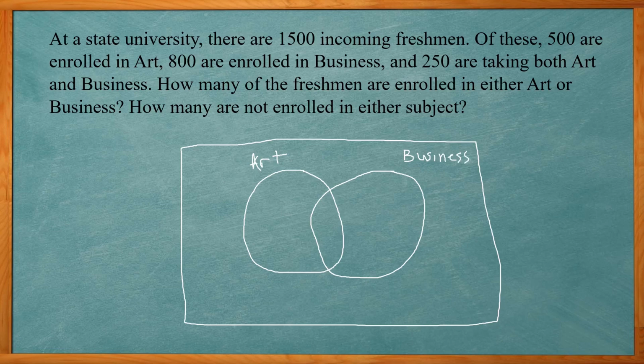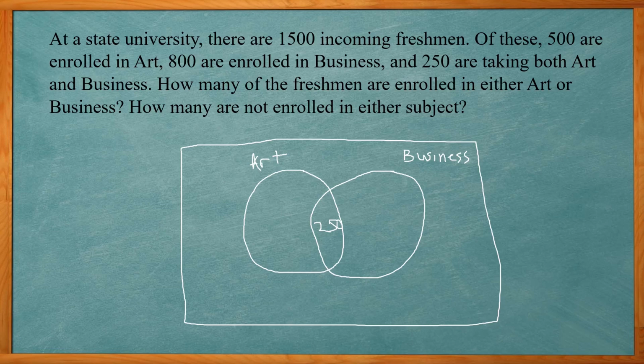And to answer these, usually you want to start from the middle and work your way out. So in the middle is people who have both. And we said that was 250 who had art and business. So 250 goes there.